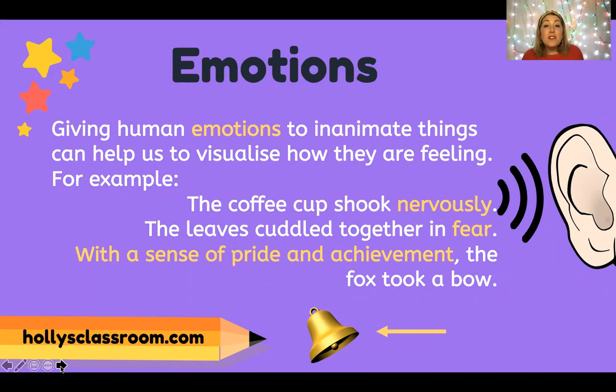The leaves cuddled together in fear. Two negative ones there. Let's have a nice fun one. With a sense of pride and achievement, the fox took a bow. So there you have it. Three examples there of using emotions to describe how these inanimate objects might be feeling.